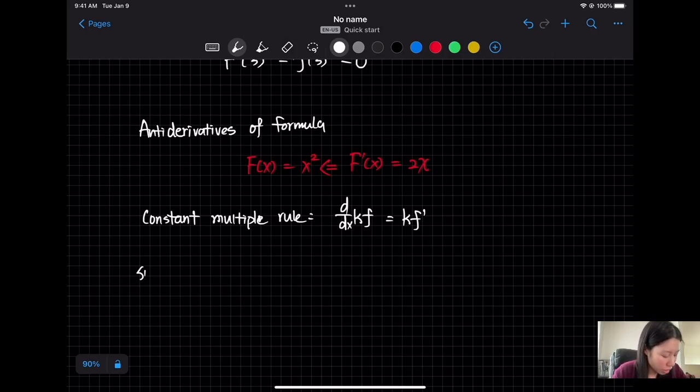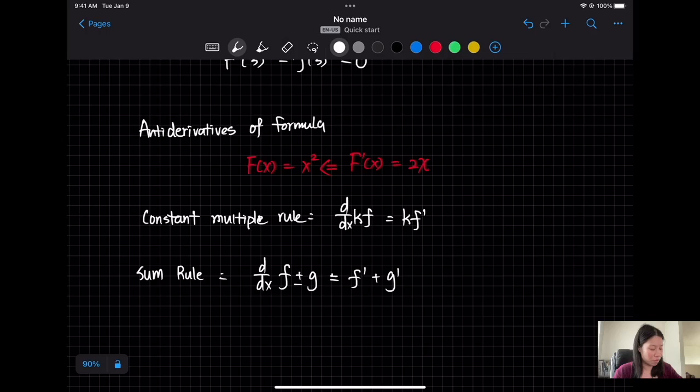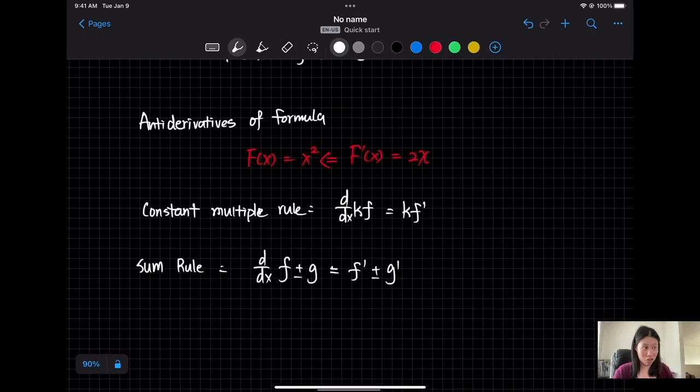And then for the sum or difference rule, it's the same. If I want to take the derivative of f plus g, this is equal to f prime plus or minus g prime. You do the same thing for the subtraction.